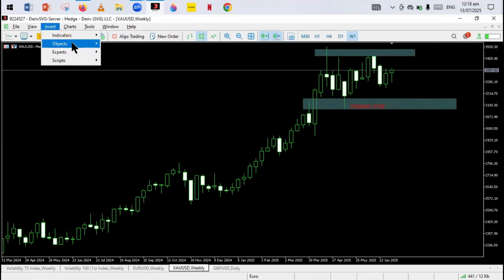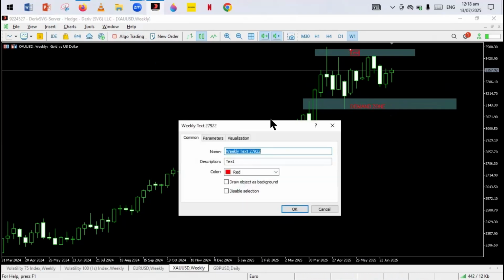The demand zone, and then that is our supply zone.